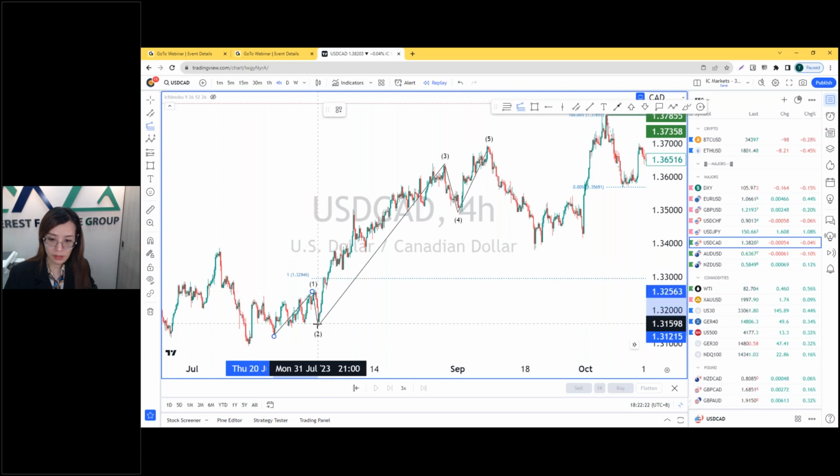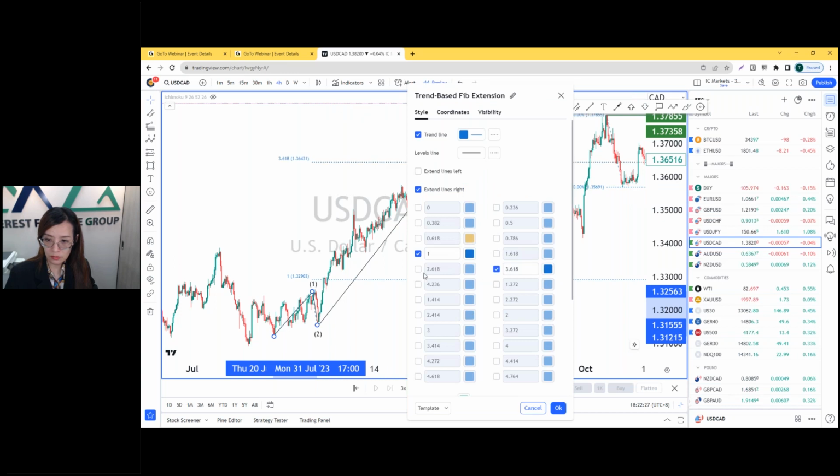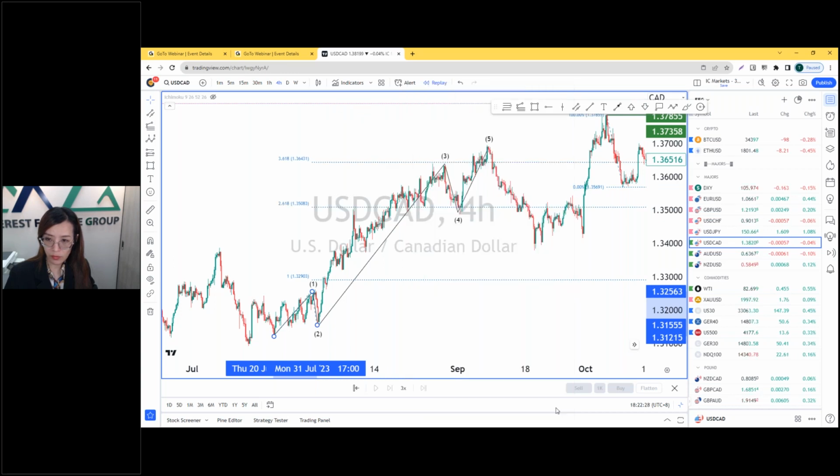In this case, I think it can extend, but it's very rare, you see. For wave 3, it's 161.8% or 261.8%, or sometimes it could go up to 361.8%.